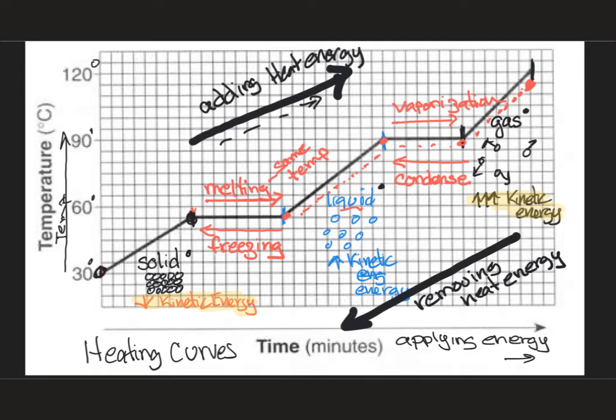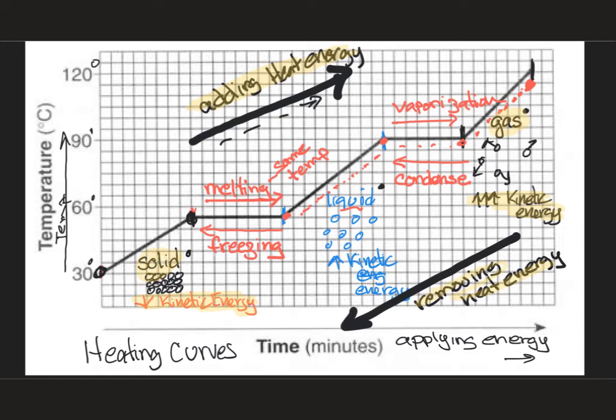We need to know that as we are adding heat energy to a system, in general the temperatures increase and we could move from a solid on up to a gas. And that as we remove energy, we are reversing that process from a gas to a solid.